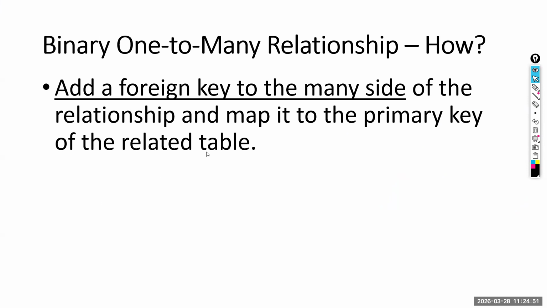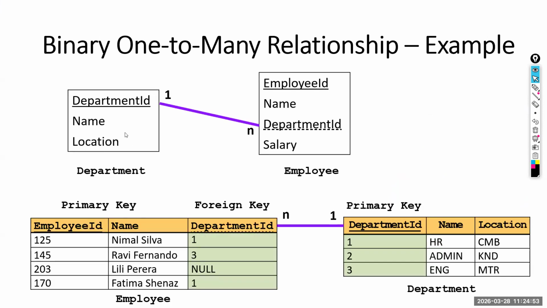Simple as that. For example, if you have department versus employee, one to many. So then many side you need to add the foreign key. So there must be department ID or anything that is mapped to the department ID in the employee table, because this is the many side. Then map it to the primary key of this.